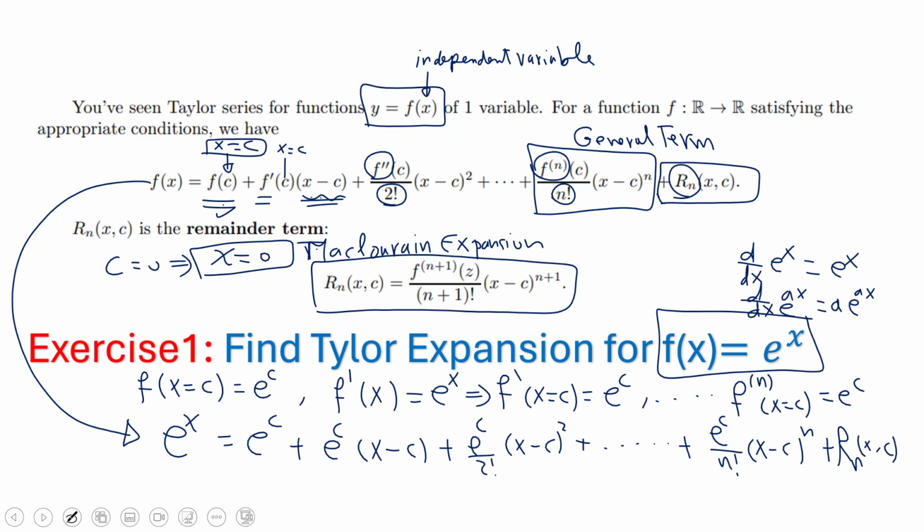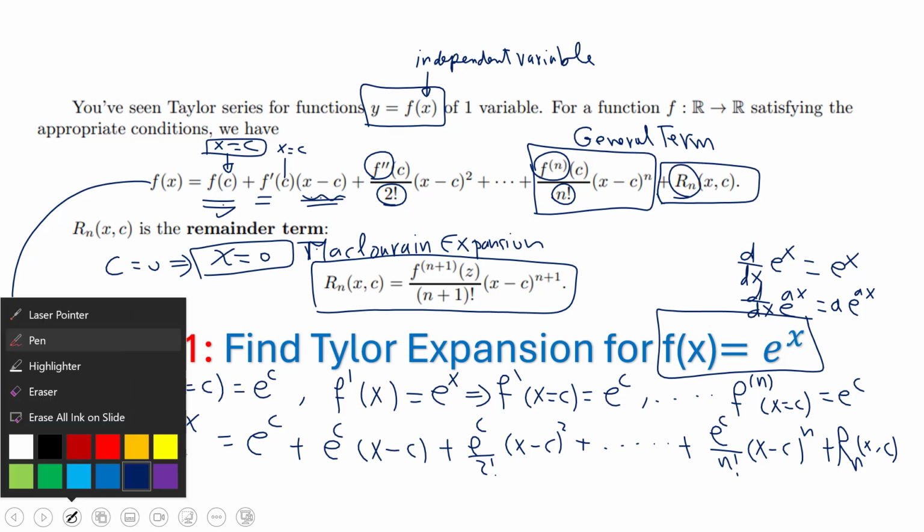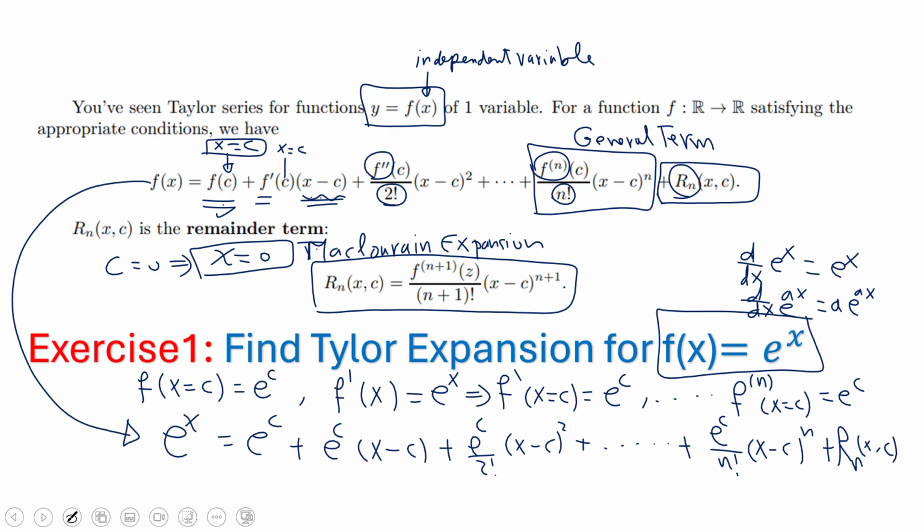Okay, that's good. Now, if I give you c equal to a specific value, say equal to 0, right? So e to the x will equal what? e to the 0 is 1, right?